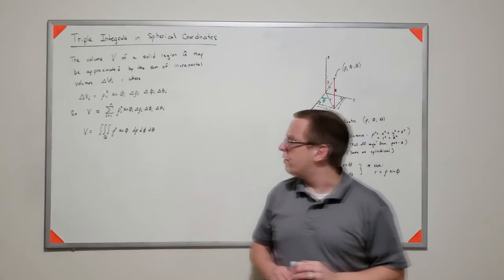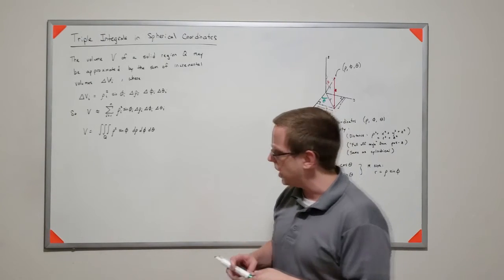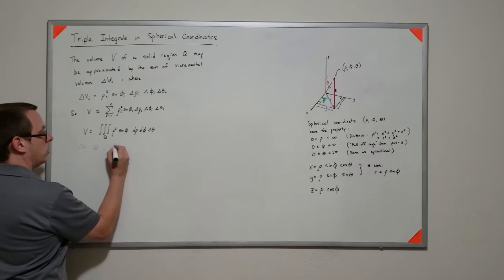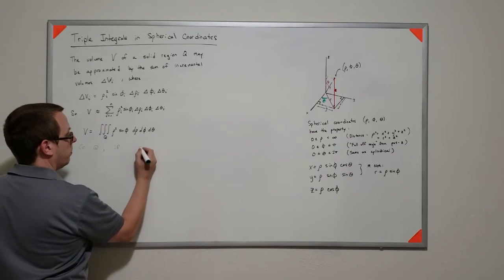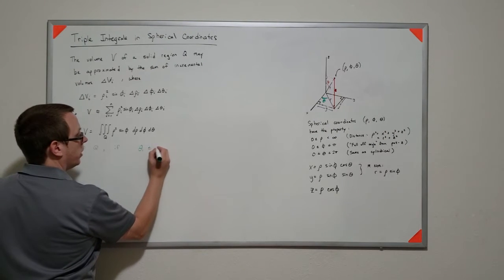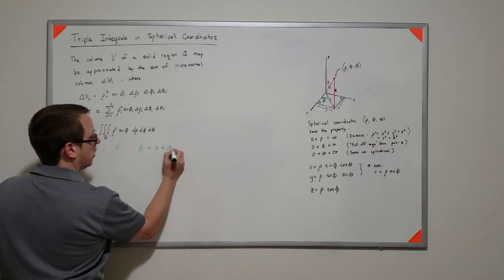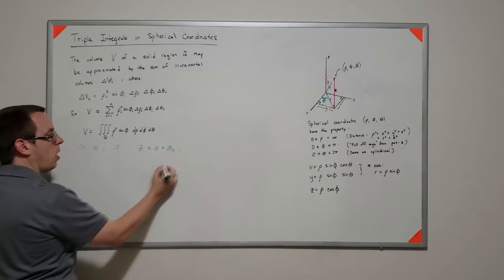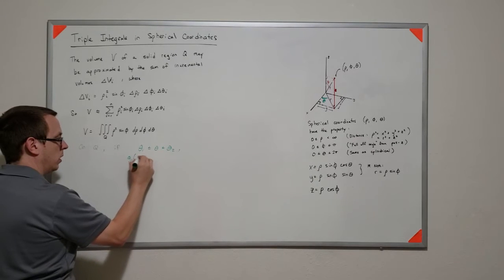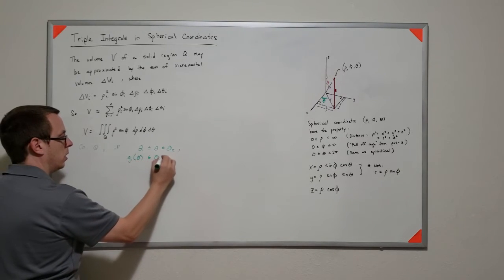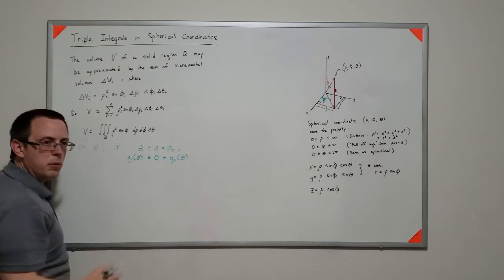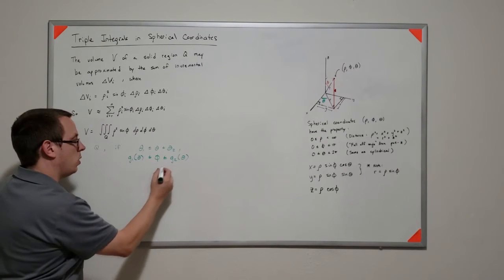Something I didn't write, something I definitely should have written, and now I'm going to, is that if theta is bounded by some constants, phi can be written as a function of theta alone.